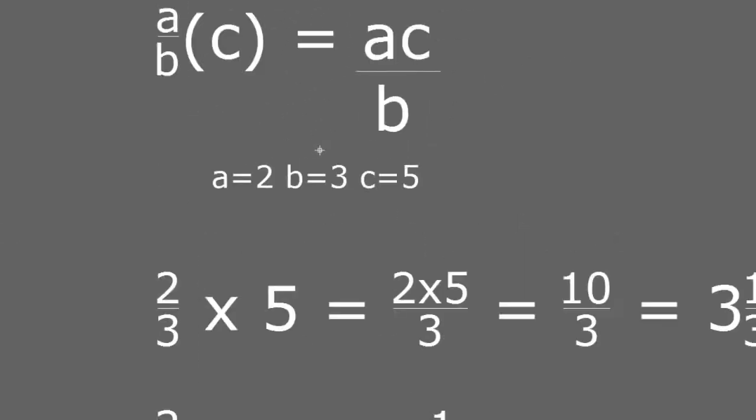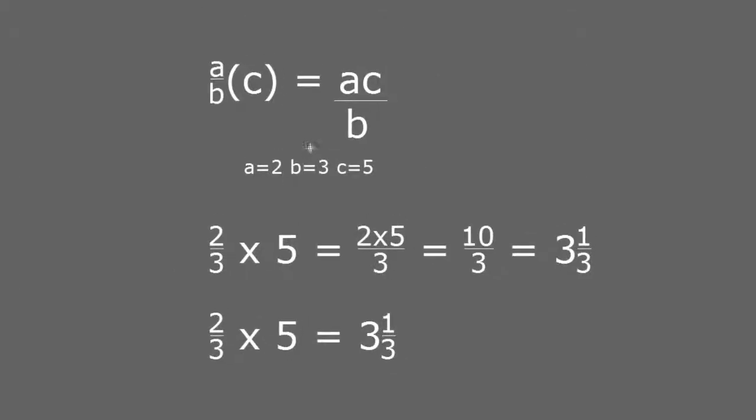Now let's multiply a fraction with a constant. In a over b times c, a will be 2, b will be 3, and c will be 5. So it becomes 2 over 3 multiplied by 5, or 2/3 multiplied by 5. Following the rule, I just multiply the 2 times 5, the numerator times the constant. 2 times 5 becomes 10, and the denominator stays in the same position.